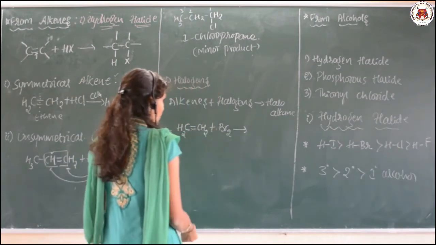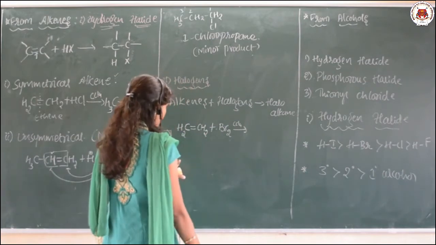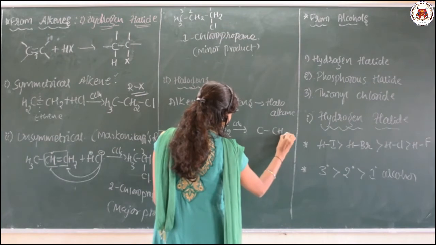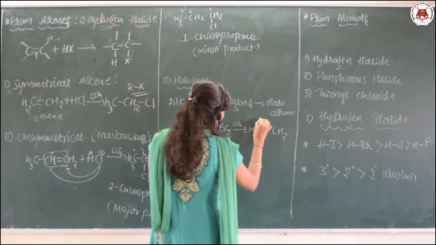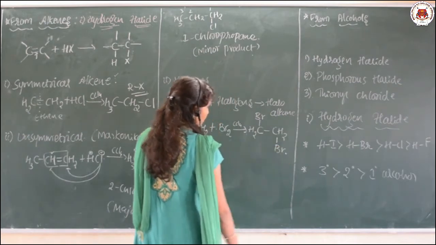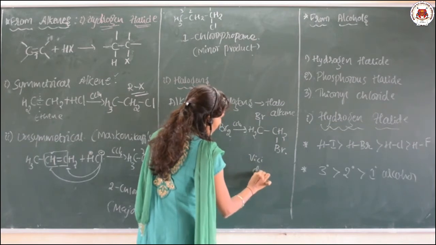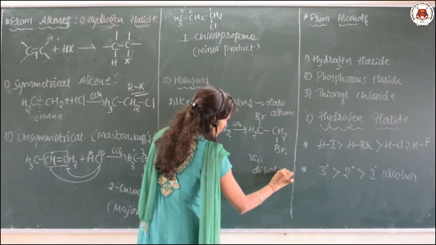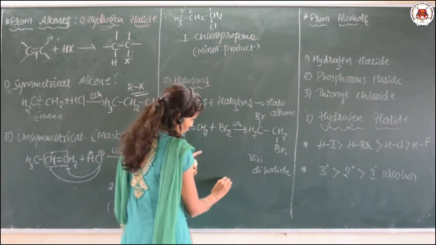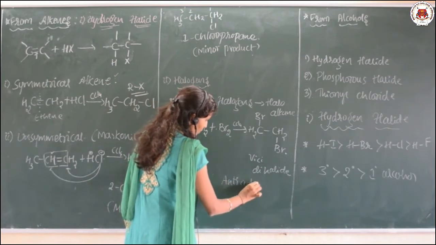If I add bromine in the presence of CCl4, carbon tetrachloride, what happens? The double bond reduces to a single bond and a Br is attached on each carbon. A vicinal dihalide is formed, and this is also called anti-addition.